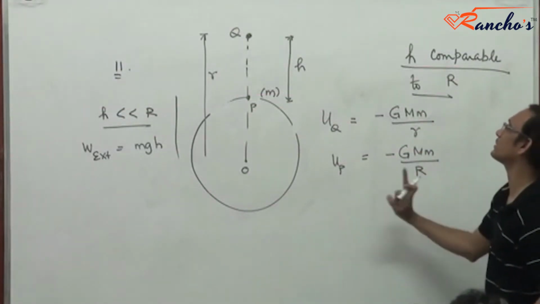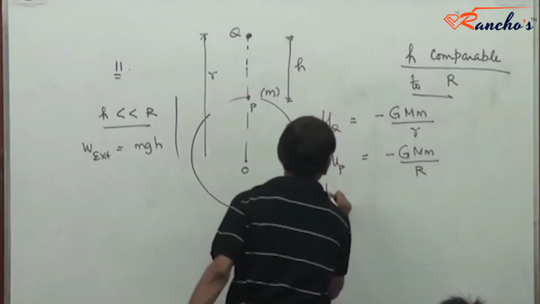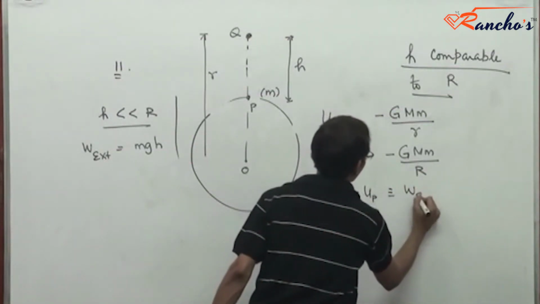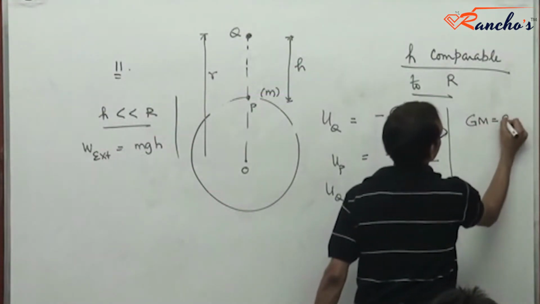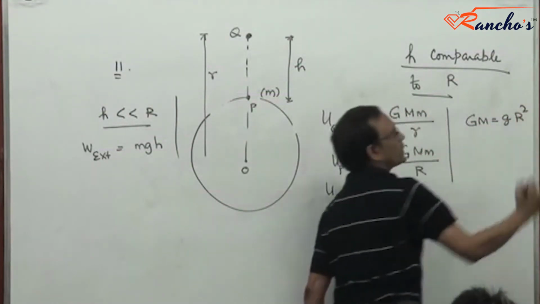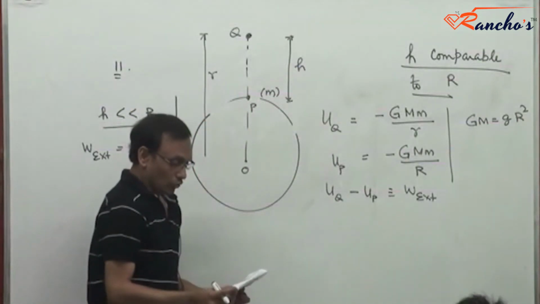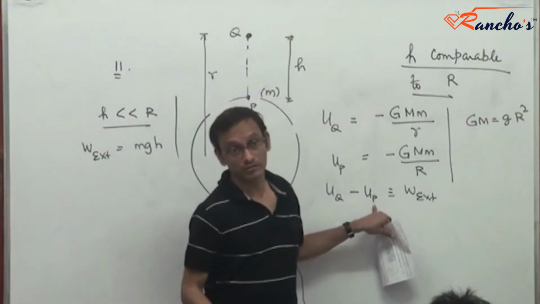The work done by the external agent obviously is going to be UQ minus UP, where wherever required you could write GM as g on the surface of the earth into square of the radius of the earth. Now, if h is equal to R, then this case is valid.